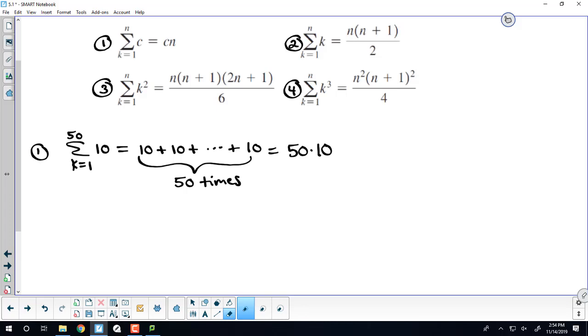So here is an example of property 2, or what we're calling number 2. If we had to sum from k equals 1 to 100 of k, that just means 1 plus 2 plus 3 plus 4, etc., all the way to 100.